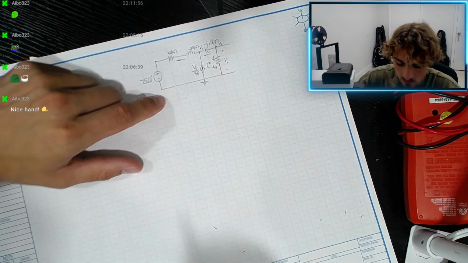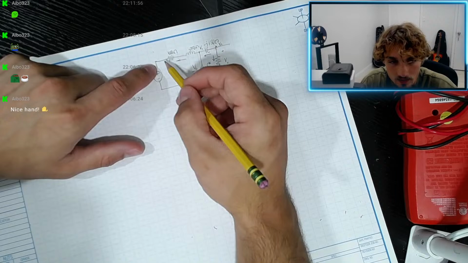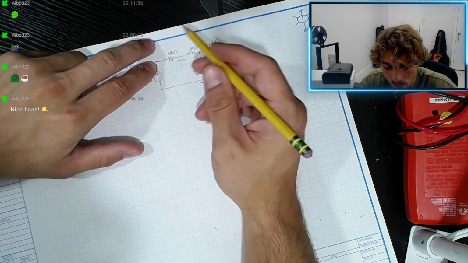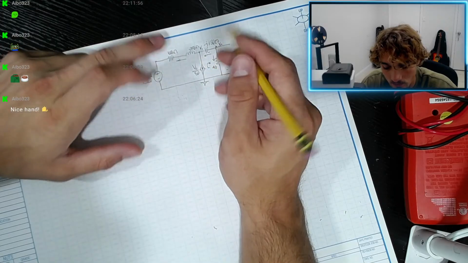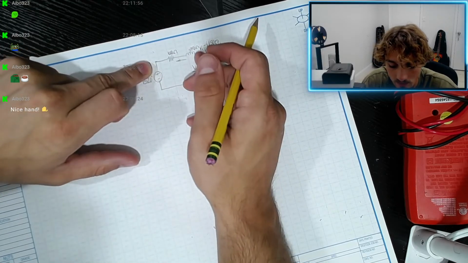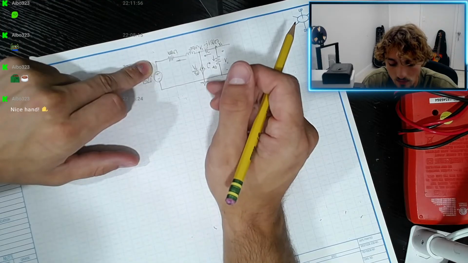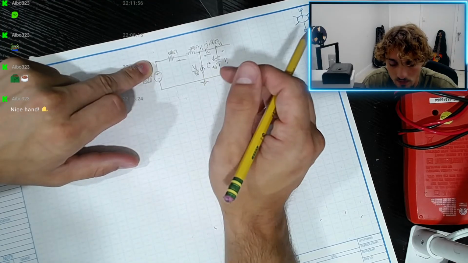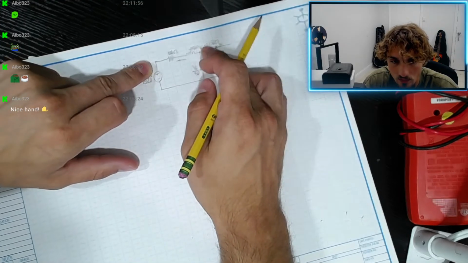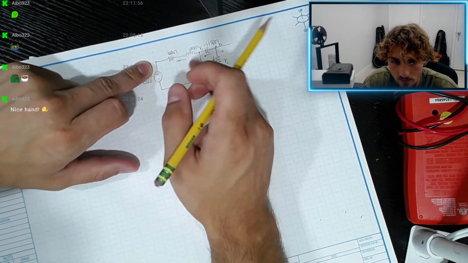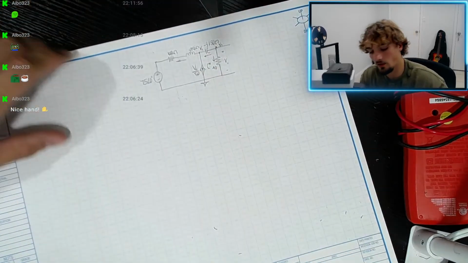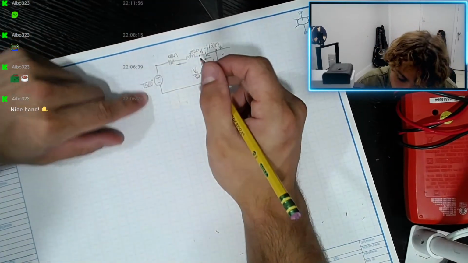Now the next equation: V1 minus 75, positive, negative. Plus V1 minus V out, because it would be negative V out minus V1. Okay, it's equivalent.